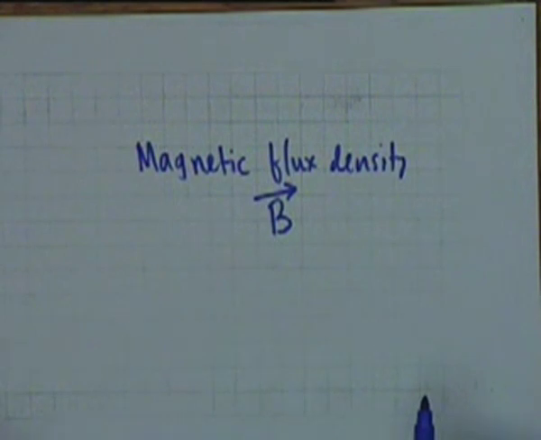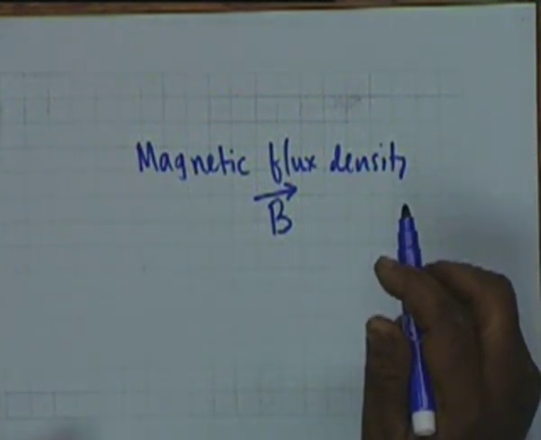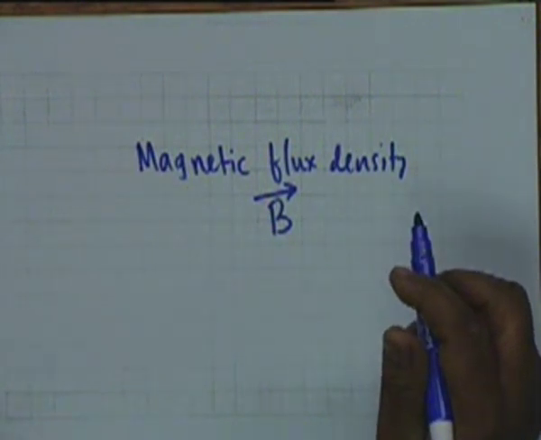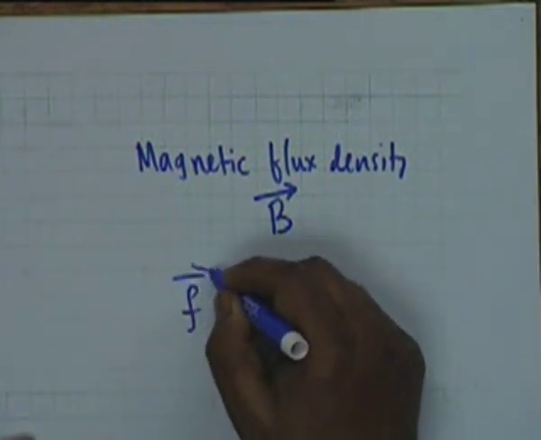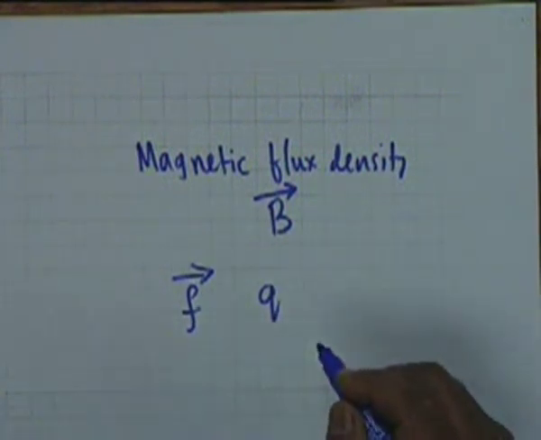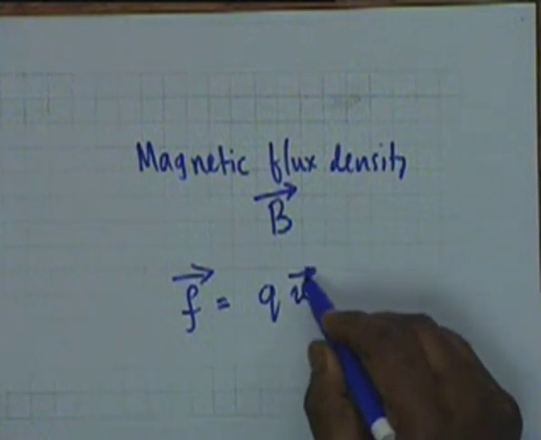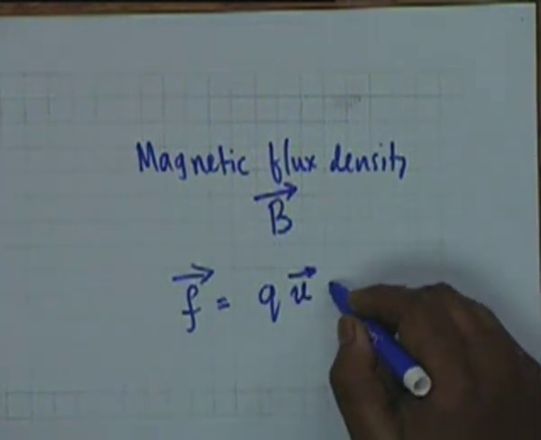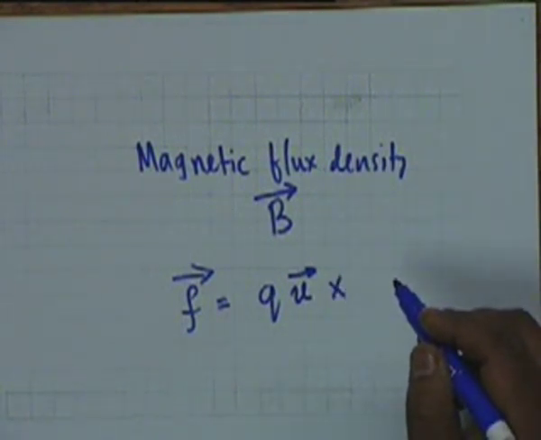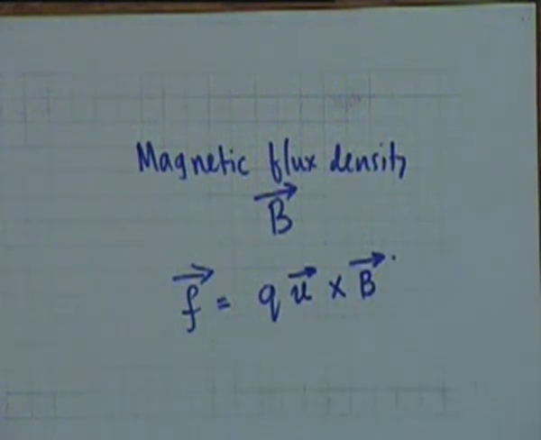Maybe sometimes we shall be required to, but it is good to know that magnetic flux density is defined again in terms of the basic quantity, which is a force, comes from Newton's second law of motion. It can be shown that the force experienced by a charge q moving with a velocity u, velocity is a vector quantity, in a magnetic field of flux density B is given by this.